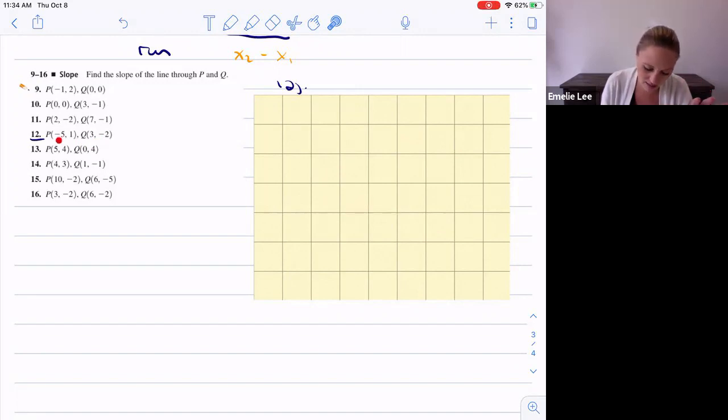So my x-axis goes from -5 to 3. So hopefully I've got enough room. -5, -4, -3, -2, -1, 0, 1, 2, 3. Hey, just about. I'm also going to make sure that I can go from y = 1 to y = -2. Looks like I have enough room here.